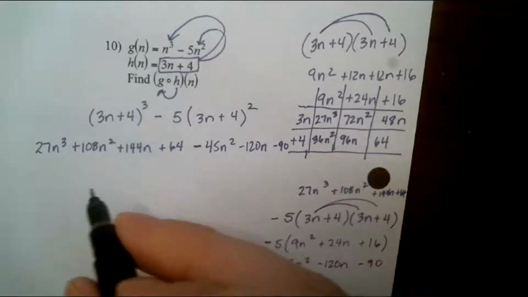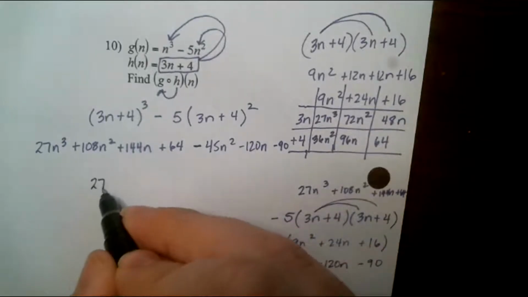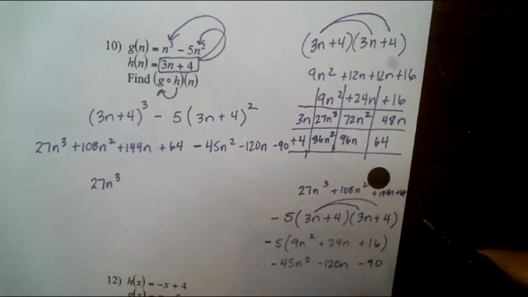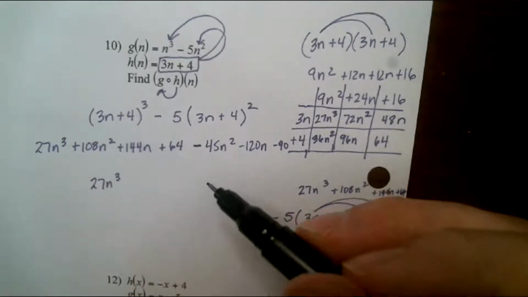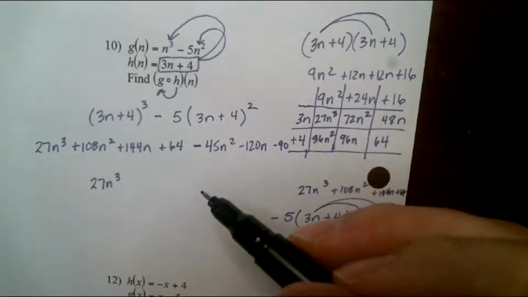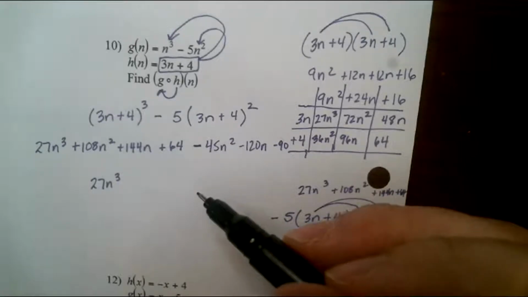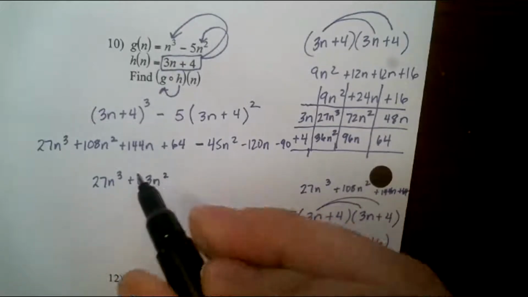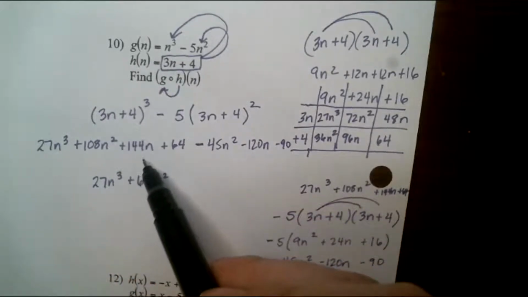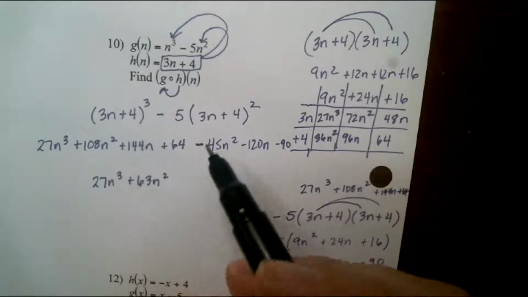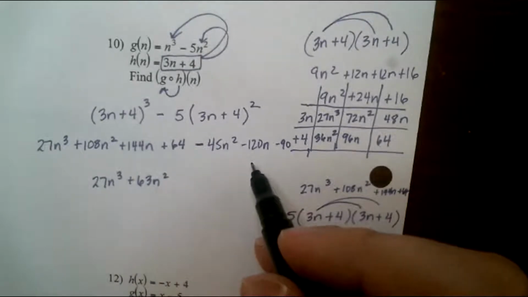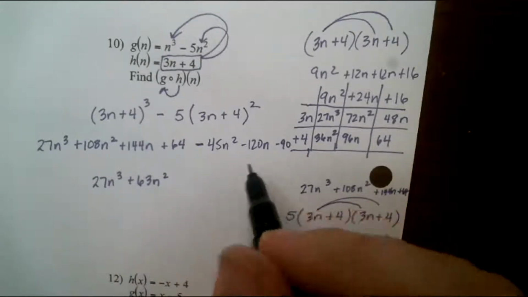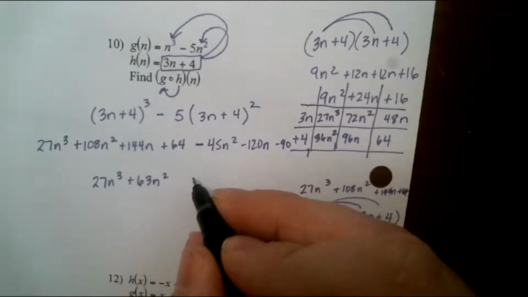The 27n cubed is the only one, so that's staying. 108 minus 45 would be 63n squared. 144n minus 120n would be positive 24n.